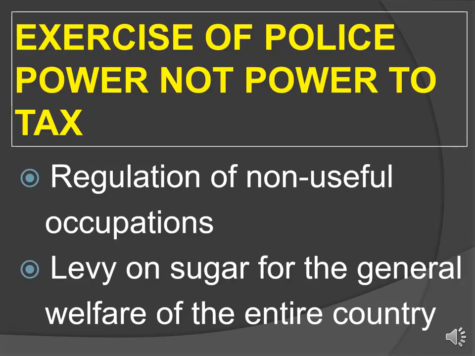Why? Because the very high license fee would make the operation of the non-useful occupation more expensive, and therefore that would drive out of existence the non-useful occupation. But it's not the only instance when there is an exercise of police power, but the cost could exceed the cost of inspection, supervision, and control.